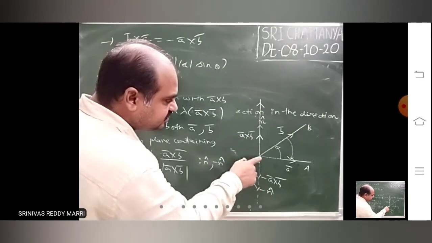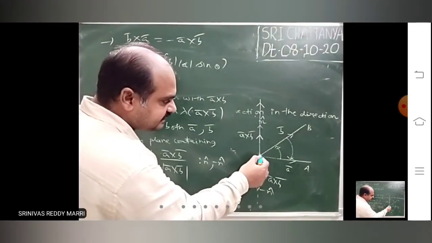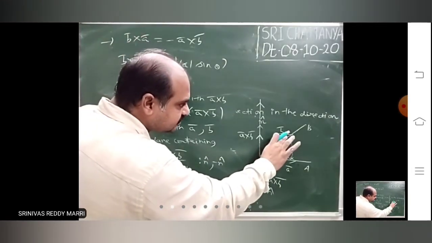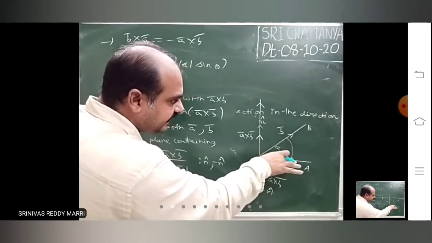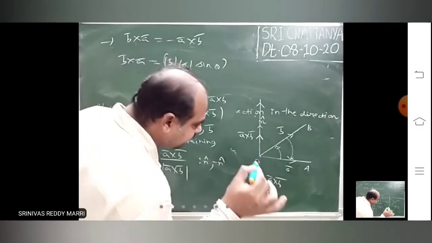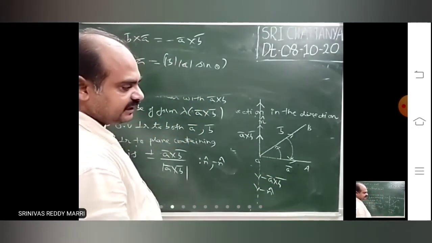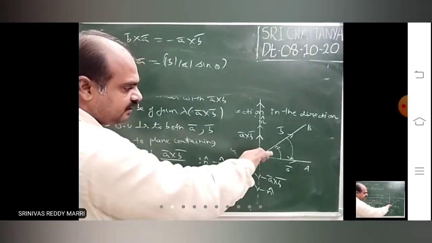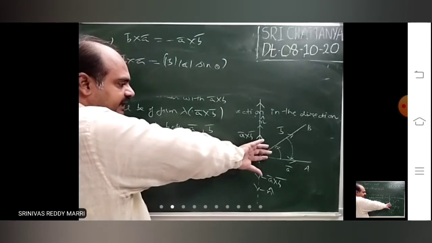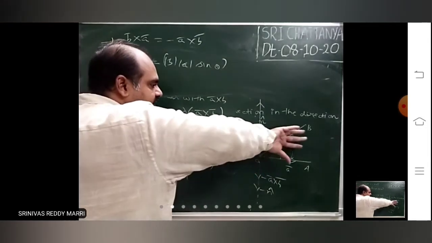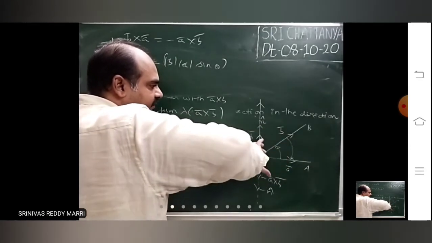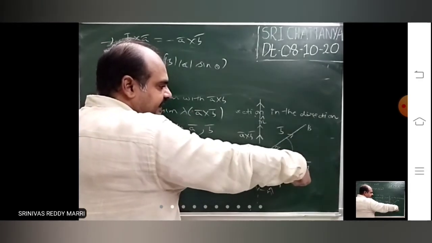If you rotate, assume the screw fixed here. Now if you are rotating the screw from B bar to A bar, then the screw will move inward. That means in the direction of minus n cap. Assume your thumb: if you are rotating from B bar to A bar, I am rotating like this.